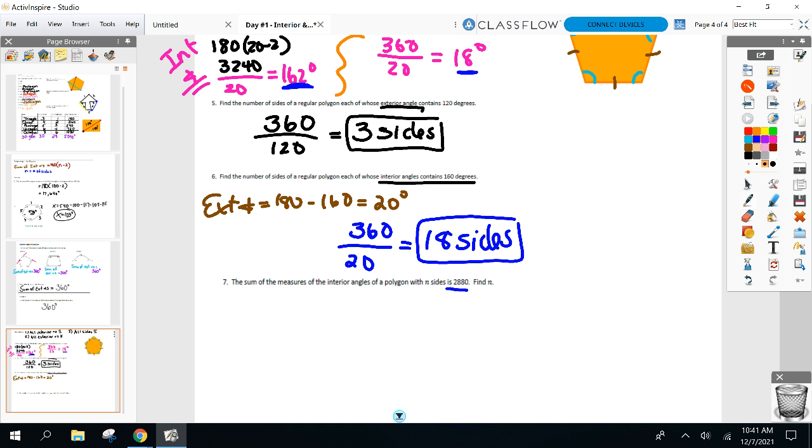Don't you have a formula that gives you the sum of the interior angles? And I think you know what that formula is equal to now. So I don't have to guess and check.